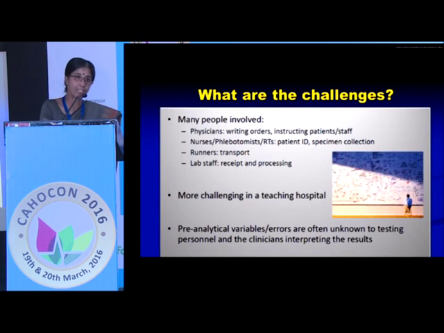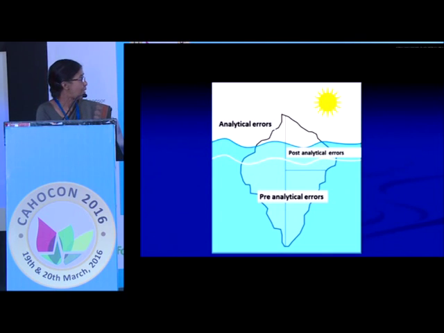So there are challenges, you all will agree. Why are there challenges in this area? Because there are many people involved. It starts with the physician; nurses are involved, healthcare workers who transport samples are involved, laboratory personnel are involved. It becomes more challenging in a teaching hospital because the processes are quite different, and therefore these variables, which ultimately contribute to result interpretation, are definitely challenging.